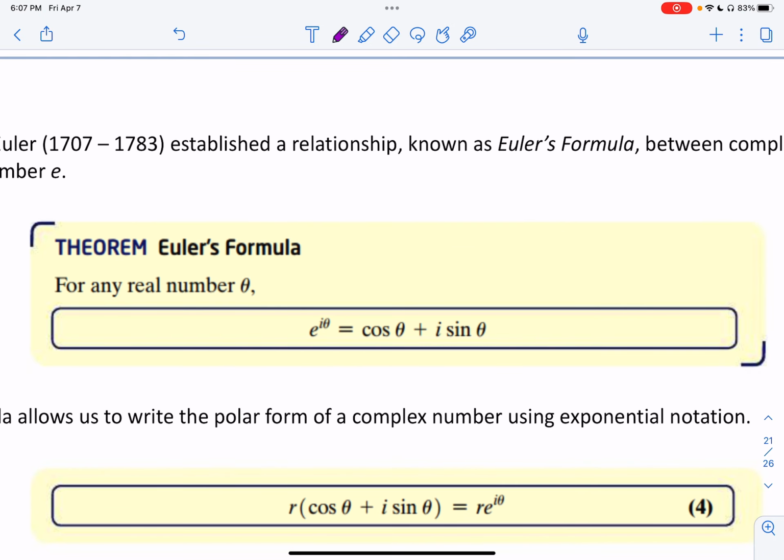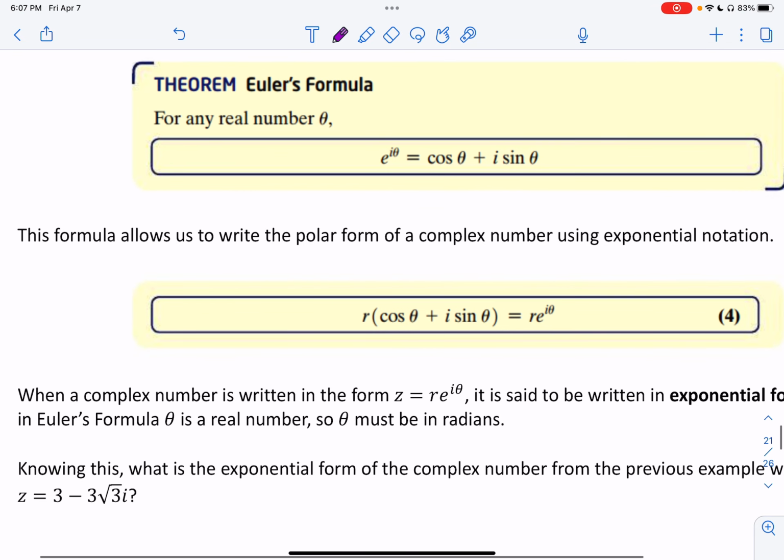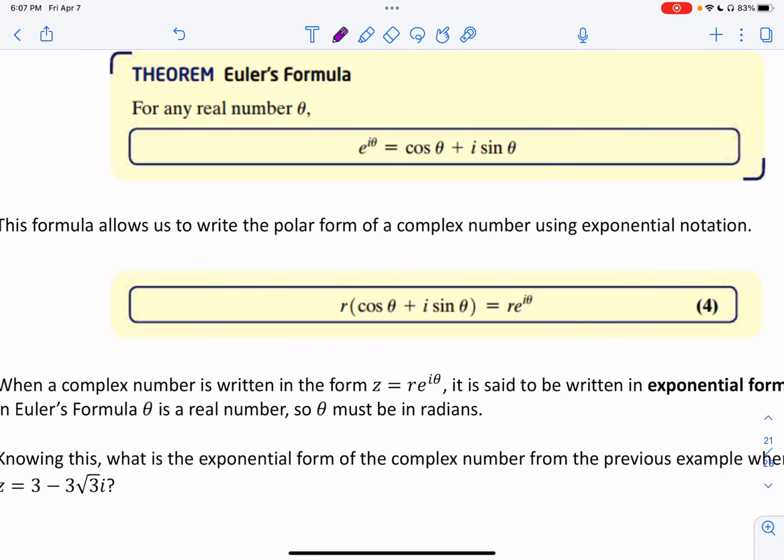That's something fun to prove, go for it. So then that means that we can write the polar form of a complex number using exponential notation, and we have this beauty right here where I have r of cosine theta plus i sine theta is equal to r e to the i theta.